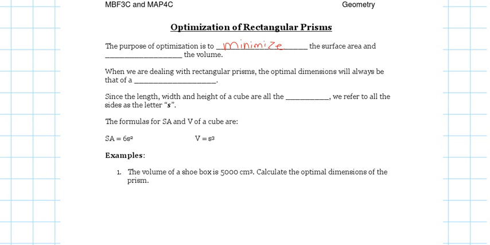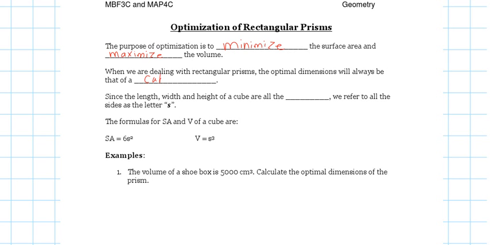And maximize the volume. In this case, we are talking about 3D shapes, so that's why we're using the surface area and the volume. When we're dealing with a rectangular prism, the optimal dimensions will always be that of a what shape? A square in 2D, a cube in 3D.